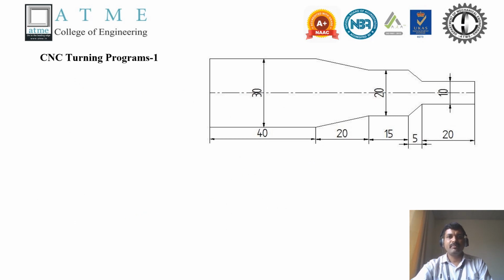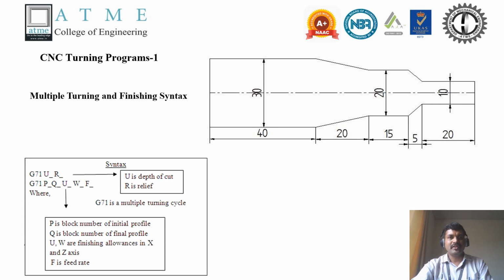Before writing any part program, students or anyone who is not a programmer should know the basic G codes and M codes and their functions. So start with the multiple turning and finishing syntax. It is a routine cycle which consists of 2 lines of syntax.